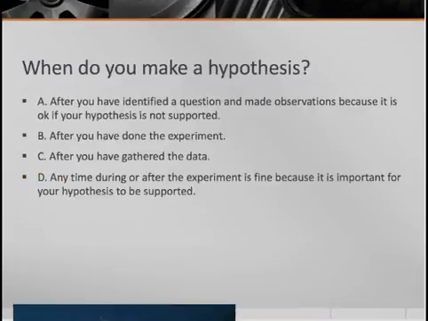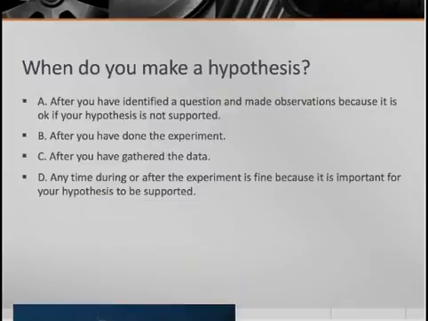When do you make a hypothesis? After you've identified the question and made observations, after you've done the experiment, after you've gathered the data, or any time during or after the experiment because you want your hypothesis to be supported.